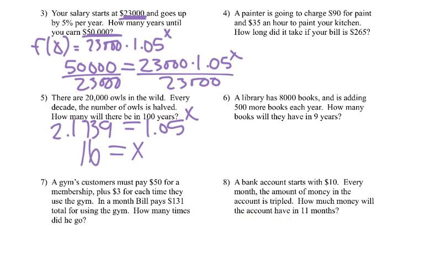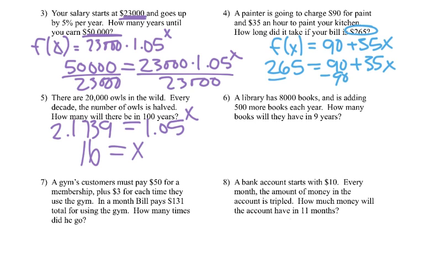Okay, 4. A painter is going to charge $90 for paint and $35 an hour to paint your kitchen. How long did it take if your bill is $265? Well, f of x equals the 90 for the paint plus 35 per hour. Our output was 265. What's our input?